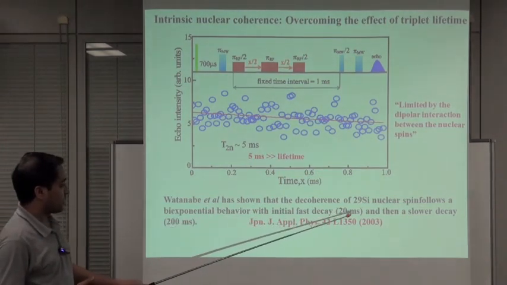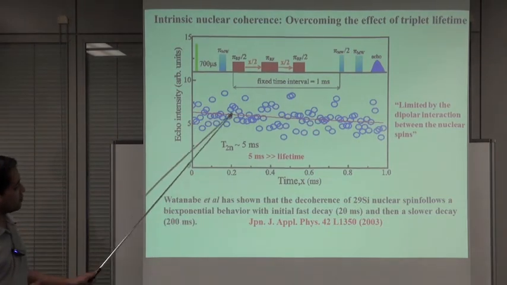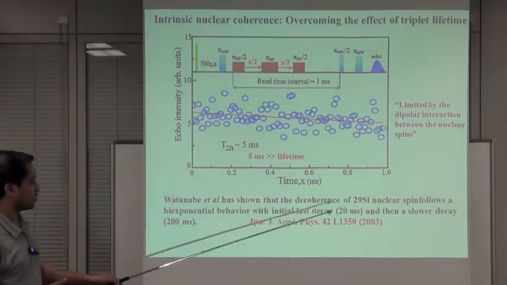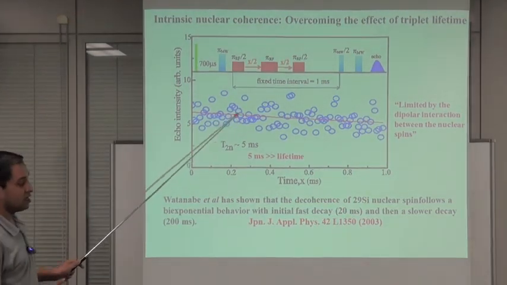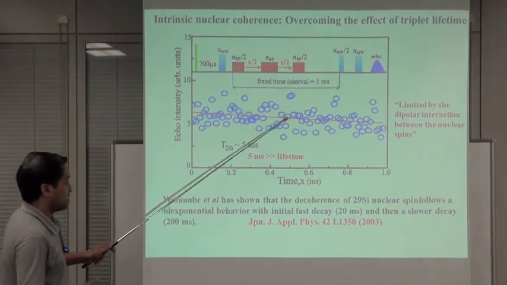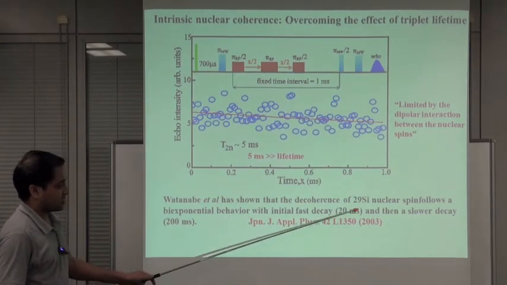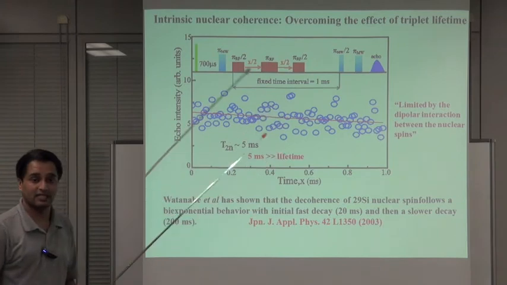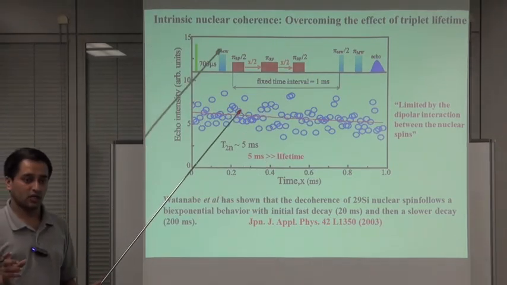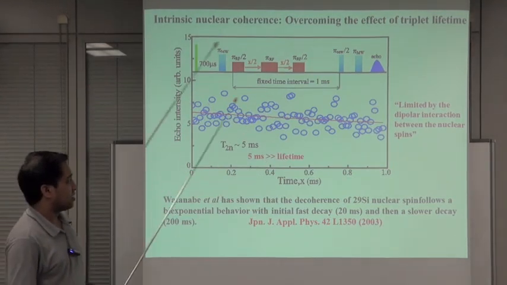We feel that the decay we are getting here could correspond to this 20 milliseconds, because this has a very large uncertainty. This 20 millisecond decay was basically limited by the dipolar interactions between the nuclear spins in the lattice.